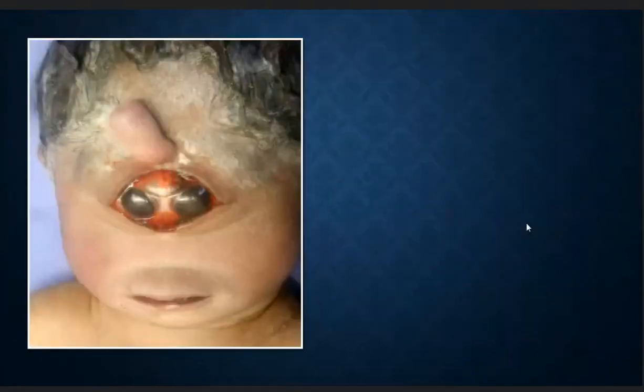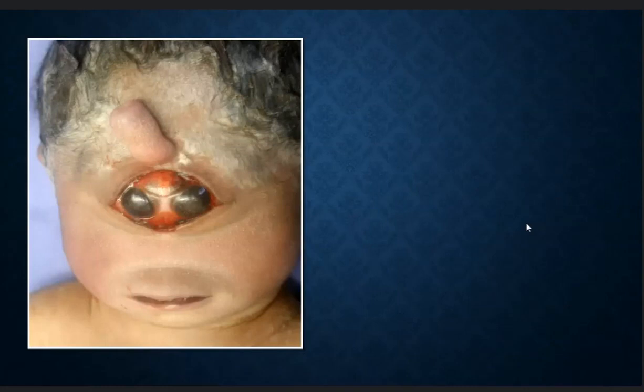What do we call this one? Ethmocephaly. Ethmocephaly. Two eyes fused in one fused orbit and the proboscis above it. Here, the semilobar.